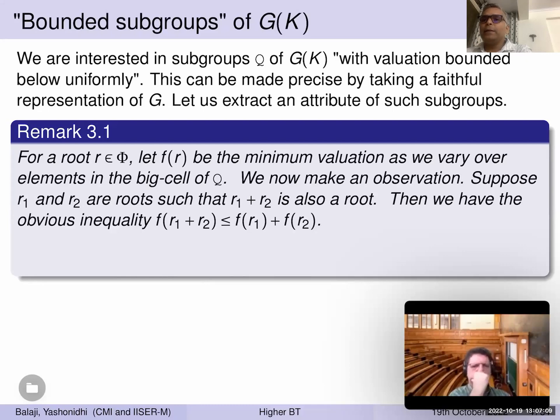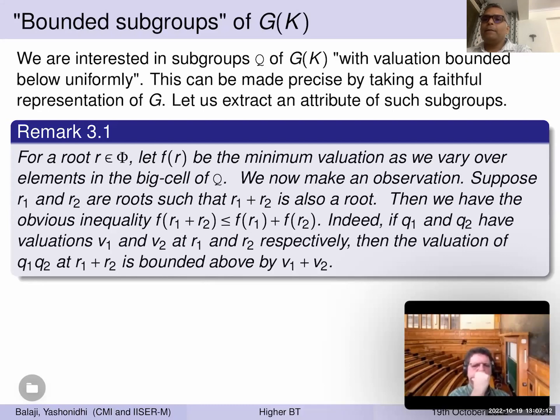So here is a one-line explanation for this. Indeed, if little q1 and little q2 have valuations little v1 and little v2 at R1 and R2 respectively, then the valuation of the product q1 q2 at R1 plus R2 is bounded above by v1 plus v2. If you want, you can think about just matrix multiplication, and this observation follows immediately.